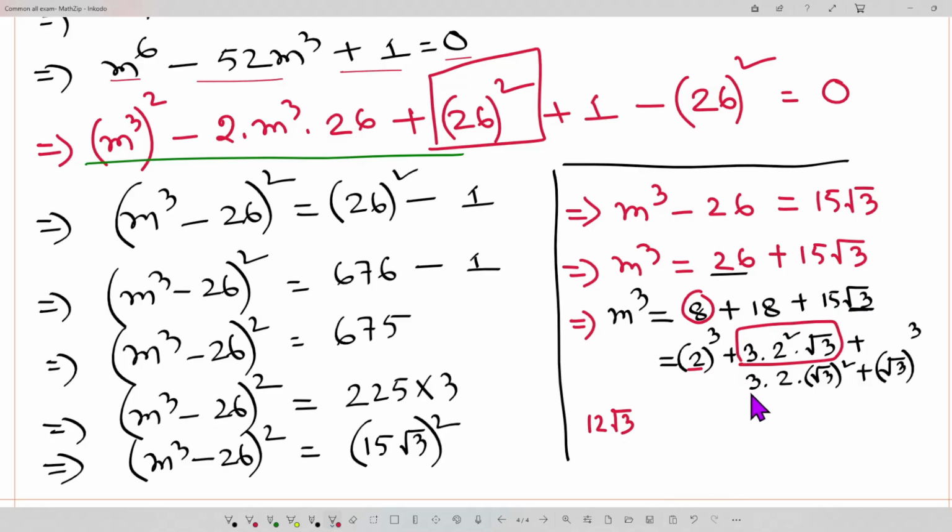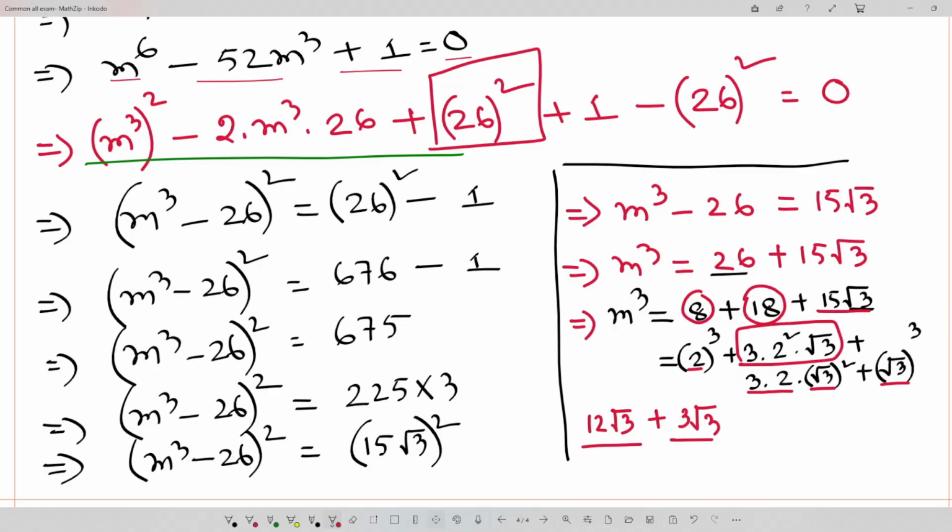Now this one, 3 times 2 is 6. Root 3 square means 3. 6 times 3 is 18. So this one is done. Now root 3 cube means plus 3 root 3. Now look, this is 12 root 3 and this is 3 root 3. It means this is 15 root 3.